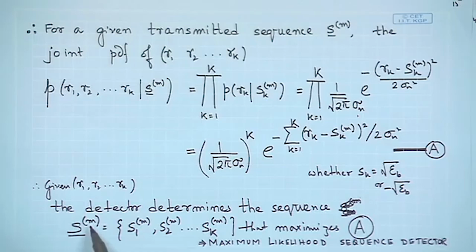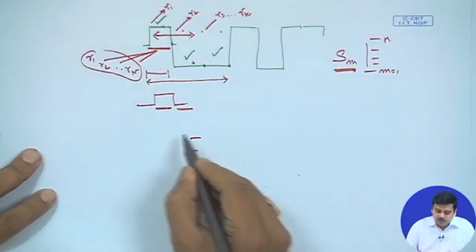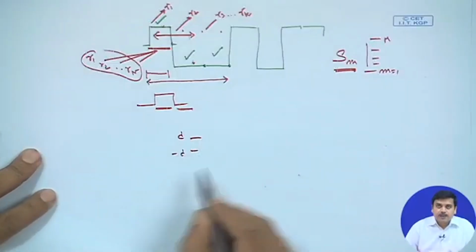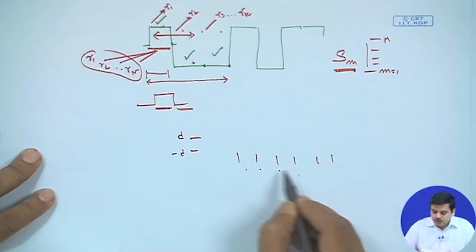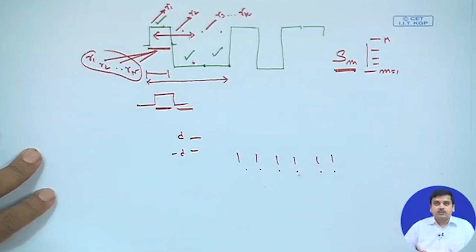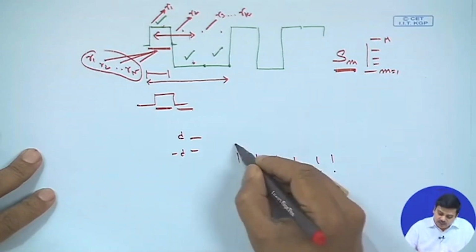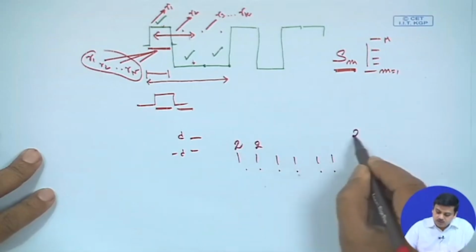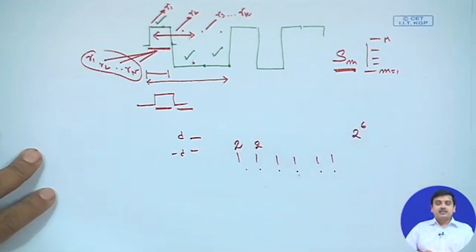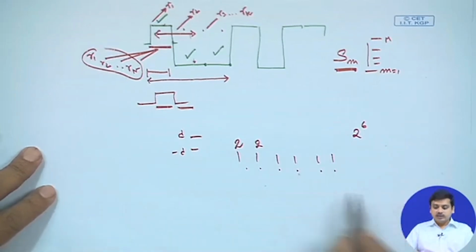So, if I have, let us say, two possible symbols, plus d and minus d, and I observe over 1, 2, 3, 4, 5, 6 intervals, then you have 2 to the power of 6 possible sequences.